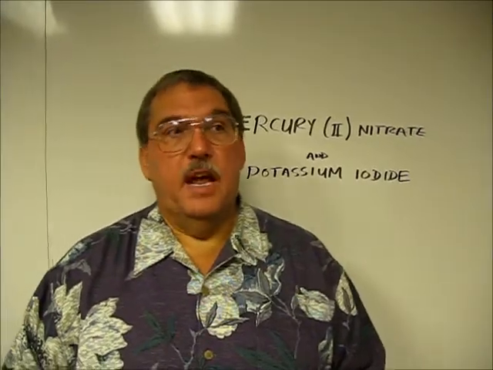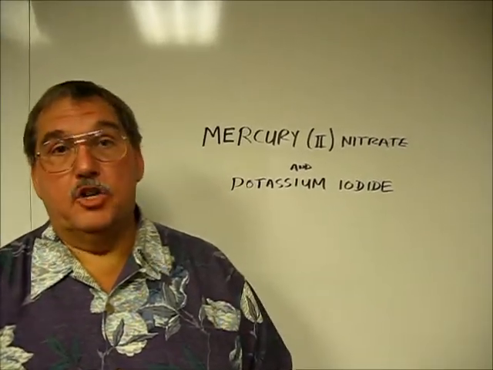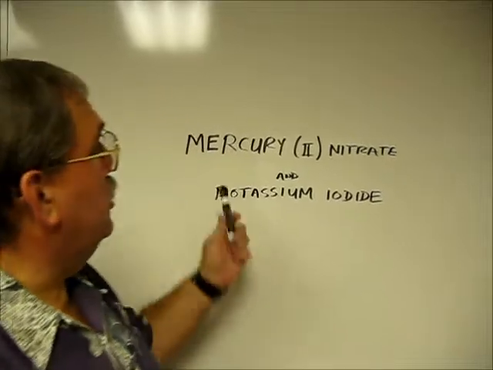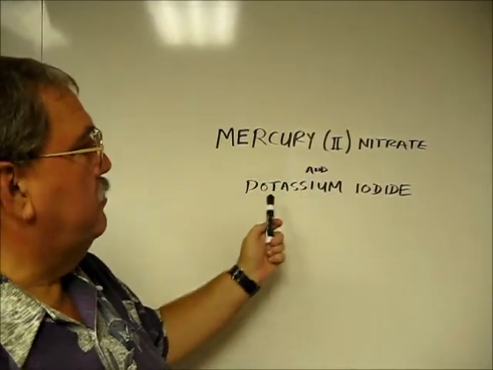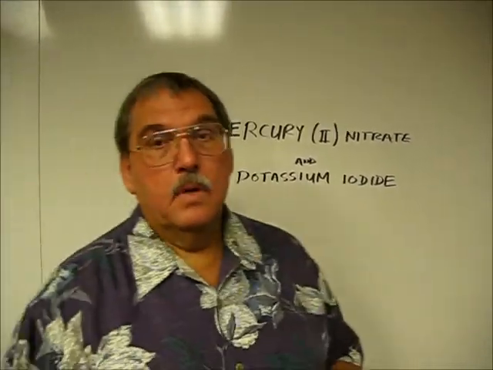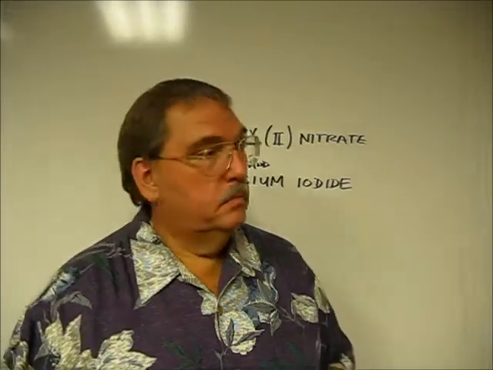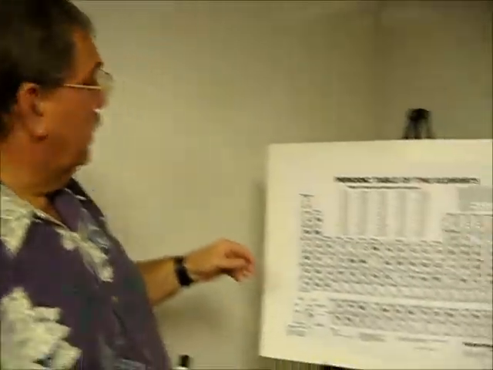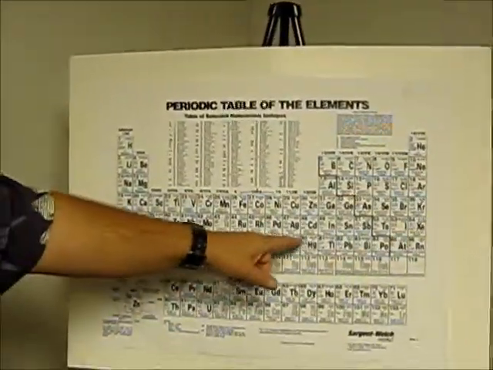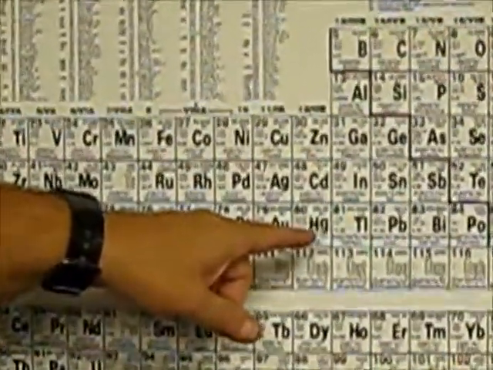Suppose your professor asks you to predict the products of a reaction involving mercury 2 nitrate and potassium iodide. What we would do first is refer to the periodic table. Here we find mercury, symbol Hg.